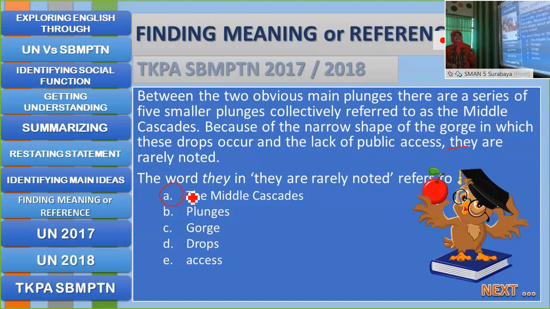Jadi akses menuju ke sana itu tidak tersedia. Kemudian jalannya mungkin ada yang seperti jurang yang curam ya. So they are rarely noted. The cascades are not noted well. Yeah, are not known well.